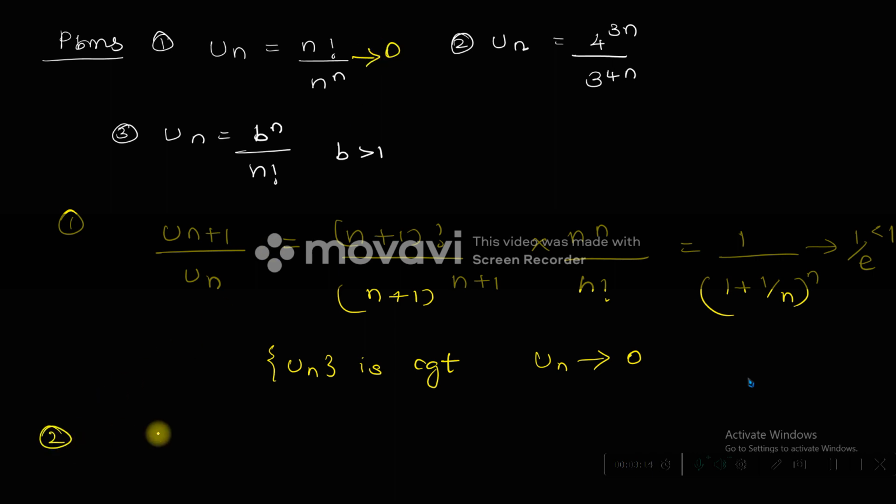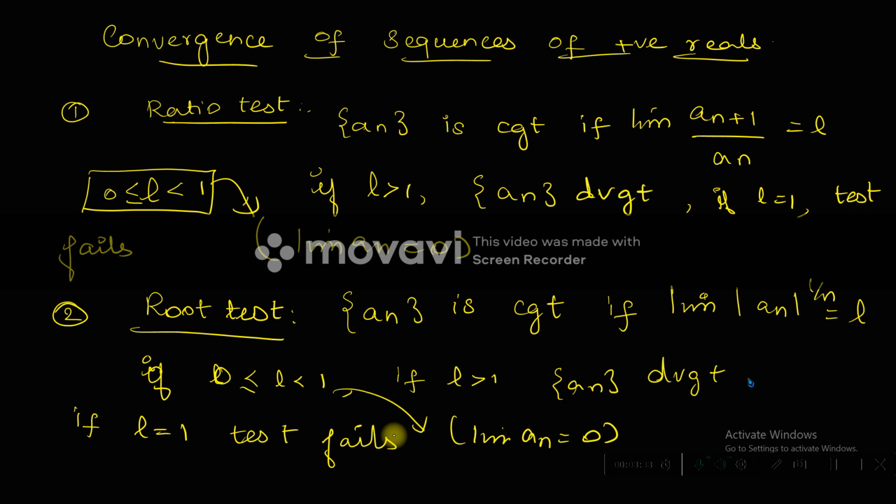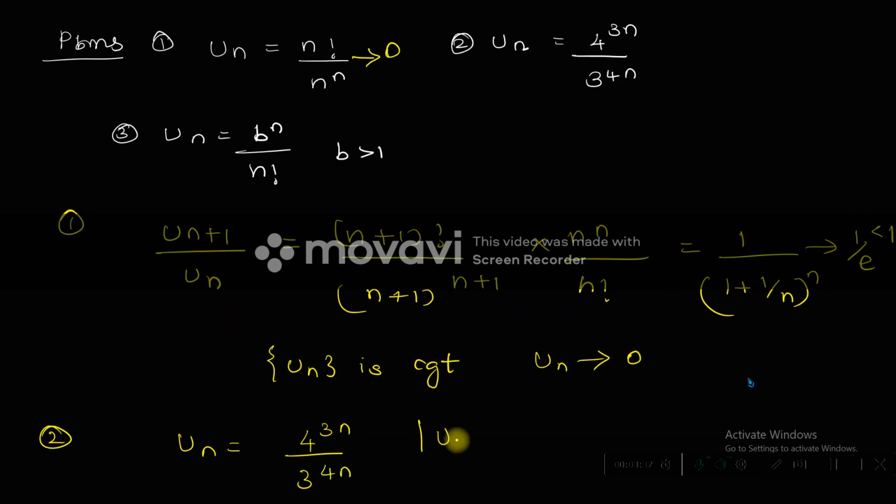Second example: u_n is equal to 4 to the power 3n upon 3 to the power 4n. Now you can use the root test, because it is very easy when it comes to powers of n. So u_n to the power 1 upon n is equal to 4 cubed divided by 3 to the power 4.